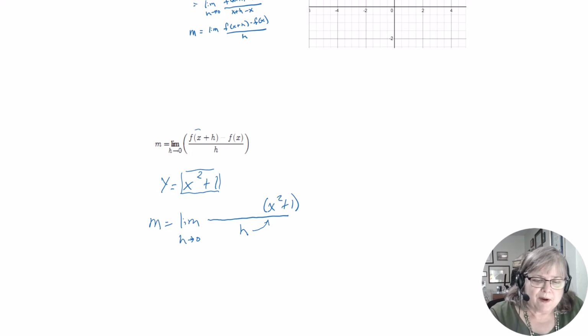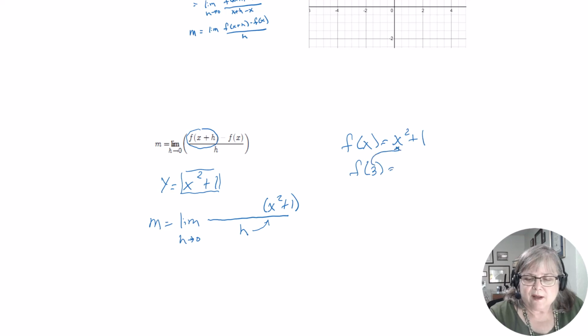Now, this part takes a little bit of work. So if you had f of x is equal to x squared plus 1, and if you had said, what's f of 3, you would put 3 in right here and go 3 squared plus 1 is 10, right? Well, we're not asking you to do f of 3. I'm asking you to find f of x plus h, but you do the exact same thing.